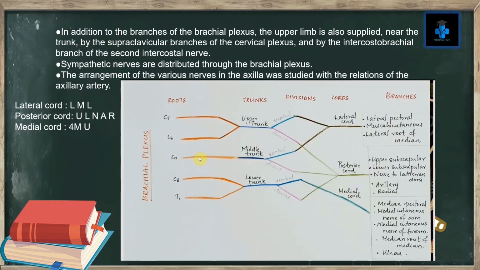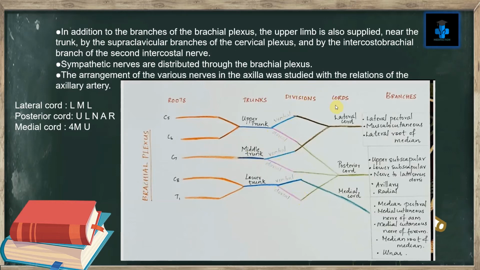Likewise, C7 by itself forms the middle trunk, and C8 and T1 join to form the lower trunk. For forming the divisions, each trunk divides into ventral and dorsal divisions. Here you can see the ventral and dorsal divisions.